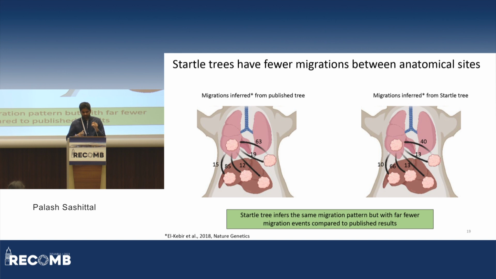So we use MACHINA, which is a method from 2018, to infer migrations from the published tree and the Startle tree on the left and right, respectively. And we show that our tree actually has far fewer migrations of tumor cells between the anatomical sites. And so it's giving a simpler explanation of the metastatic dissemination of this cancer.